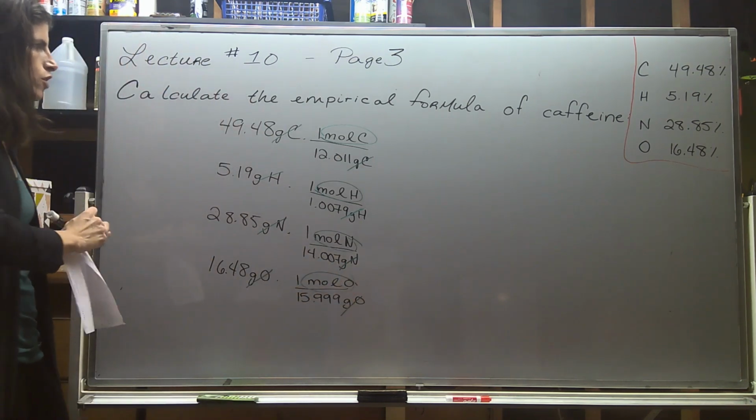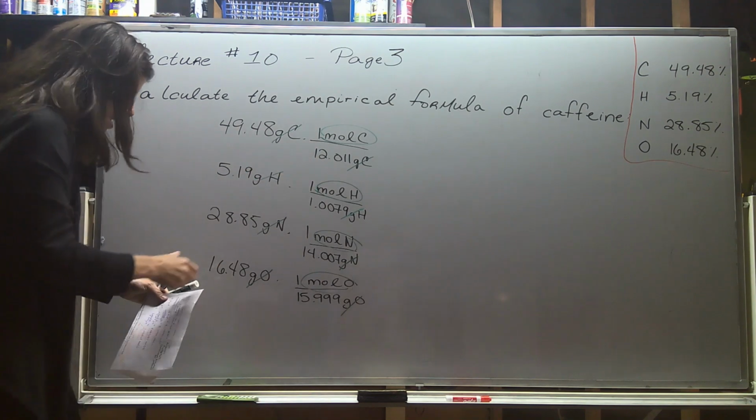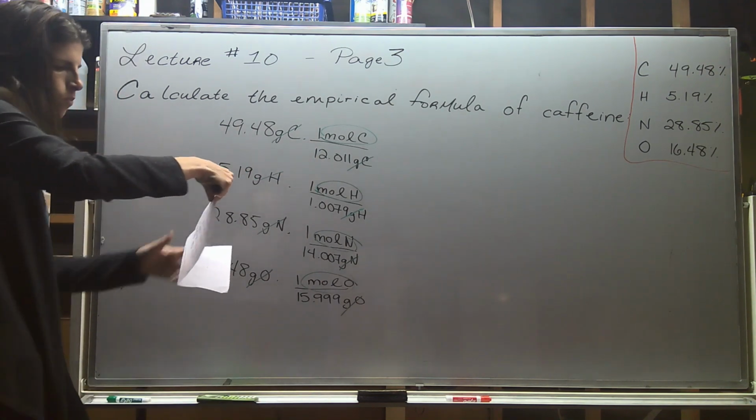So in your calculator, you're going to take the 49.48 and divide by 12.011.